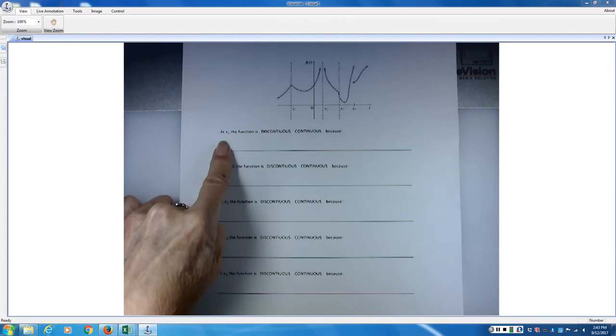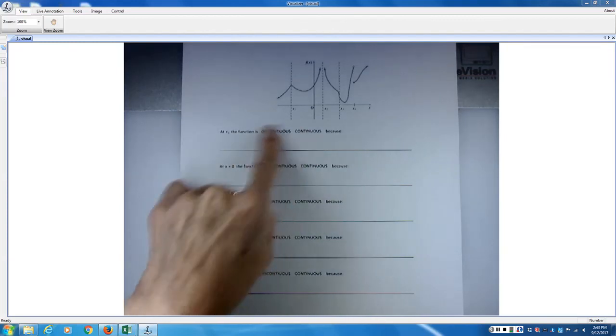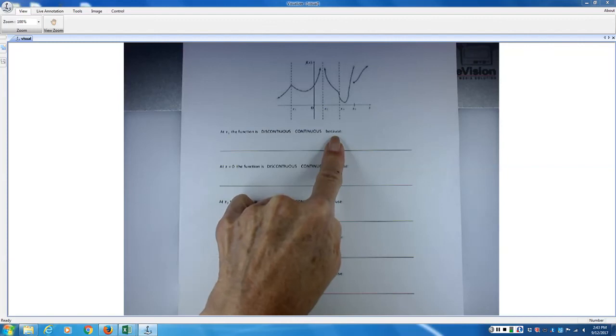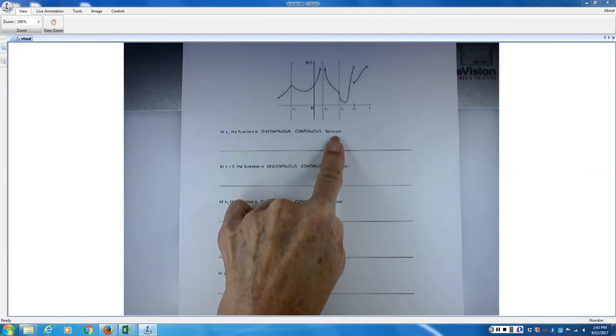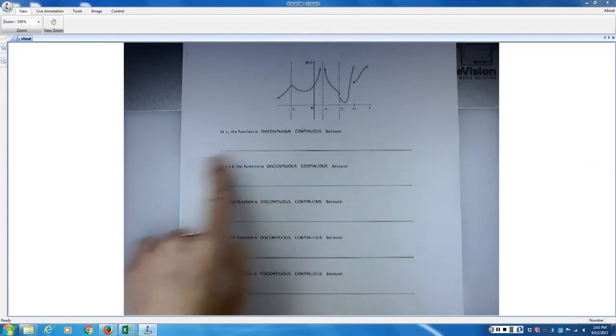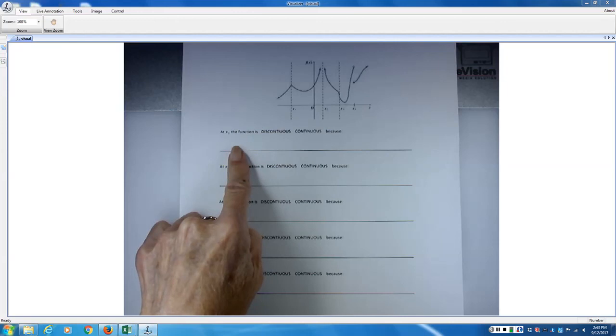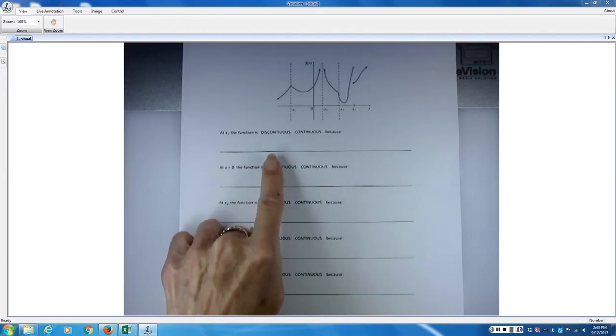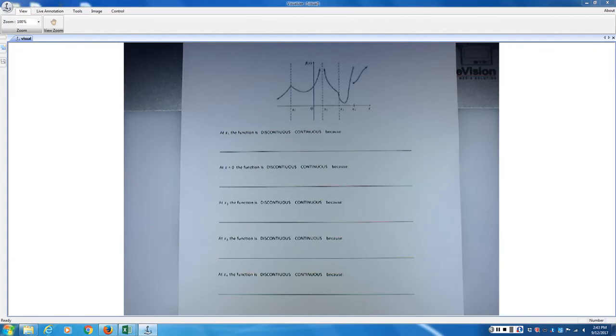So at x sub 1, the function is discontinuous or continuous. Because, where did it fail if it was discontinuous? Or state that f of whatever is equal to this, and that's why it's continuous. So tell me why.